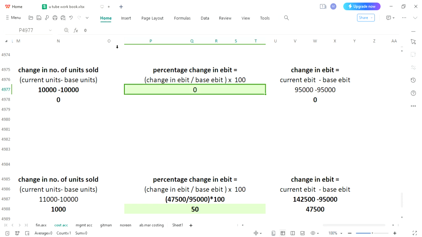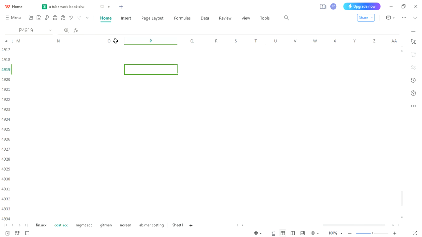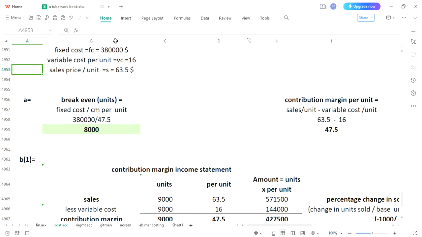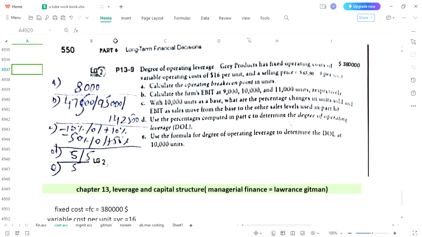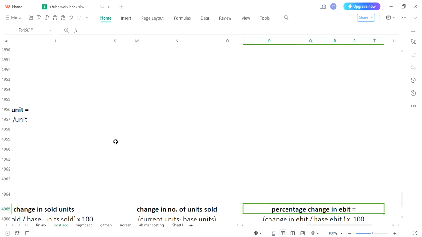And we will now see what answers are given in the book as well. We have got minus 50, 0 and plus 50. Come over here, and here we have our question. Minus 50, 0 and plus 50. The answers we have got are the same.